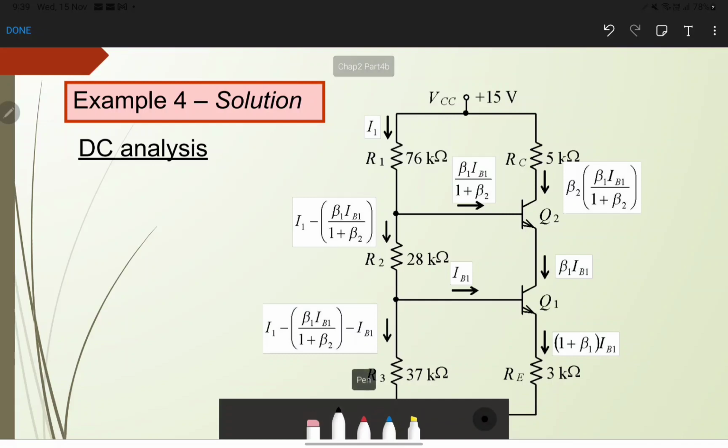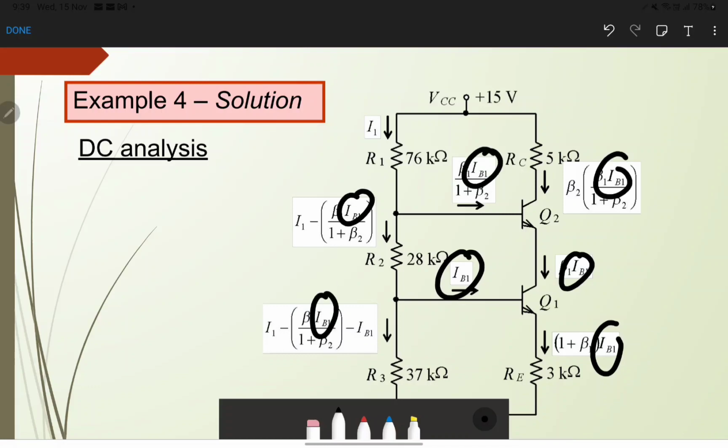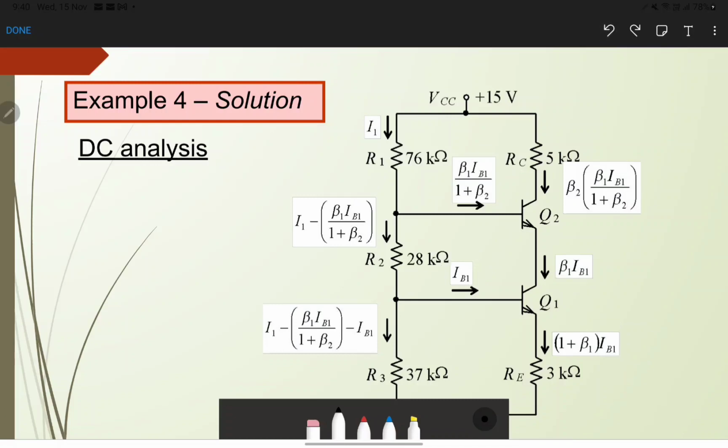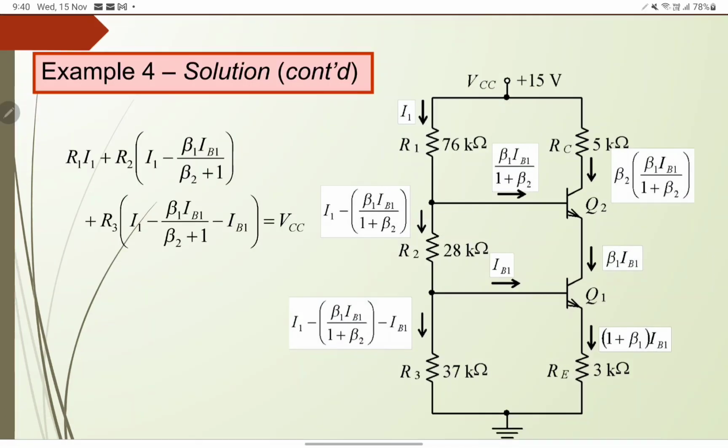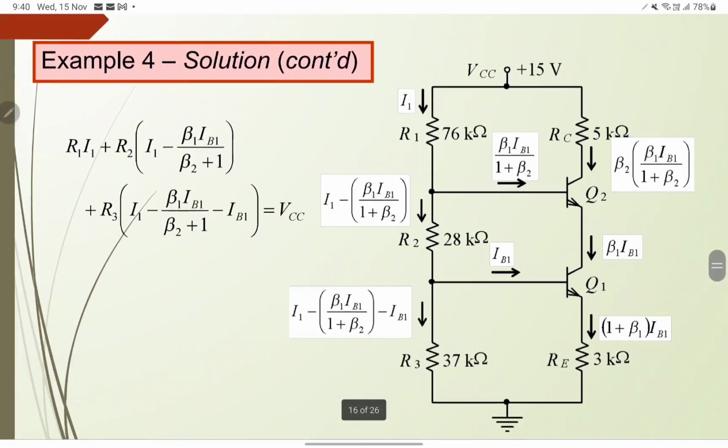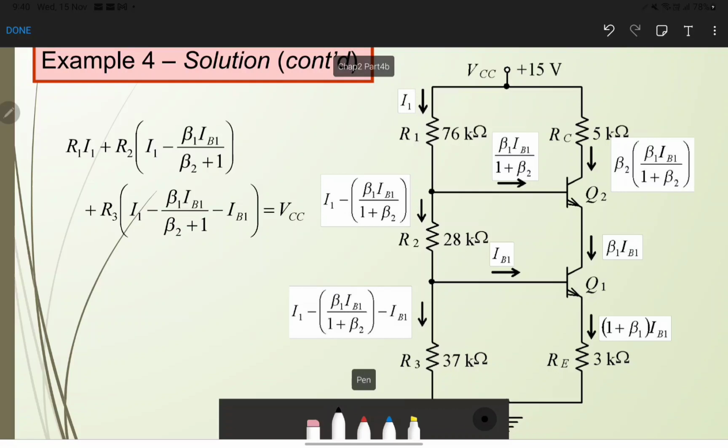If you realize that all the current labels are in the form of IB1, it makes our calculation simpler. First, what you need to implement is to find the loop at the left side, the outer loop at the left side.